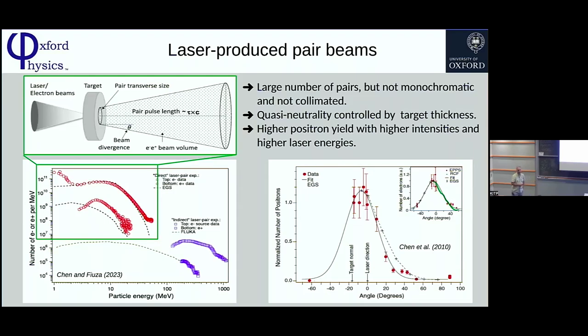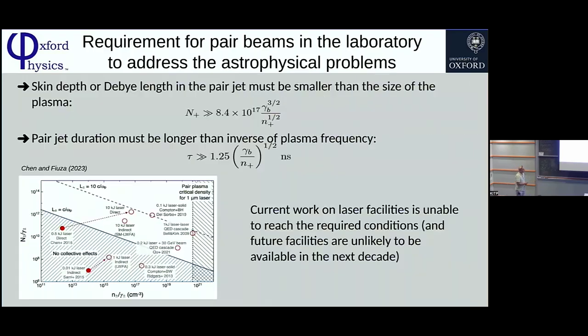And so the question is also what requirement we need for a pair beam to behave as a plasma. Essentially, the skin depth or the Debye length in the beam has to be smaller than the size of the beam itself. So this puts a requirement on the number of positrons that you have.